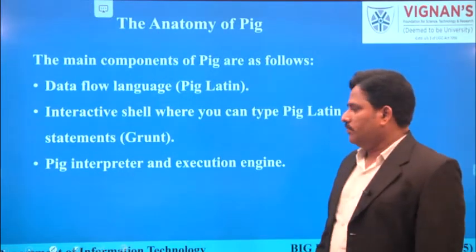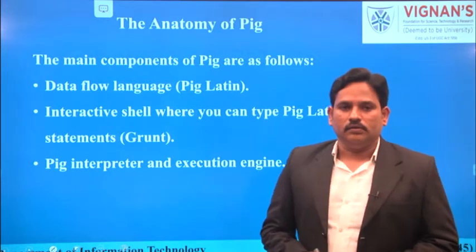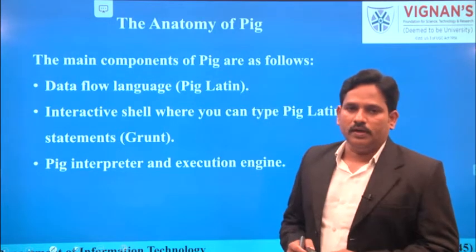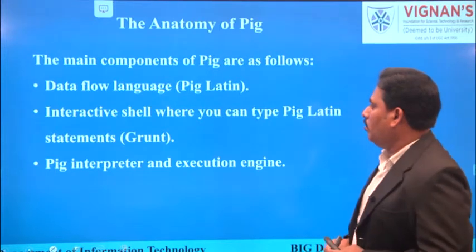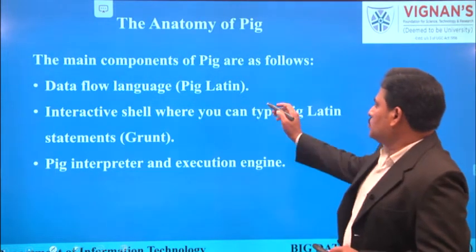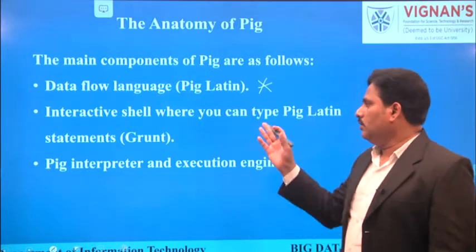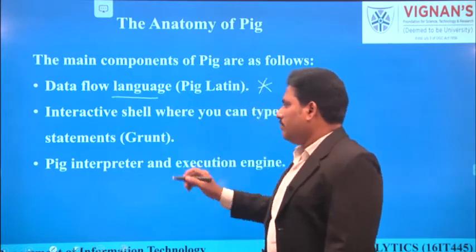Next we will see the basic anatomy of Pig. That means what are the parts of Pig, what are the main modules of Pig, and what is the architecture of Pig. Pig contains the following components. To write programs, we have a component called Pig Latin, which is a data flow language.